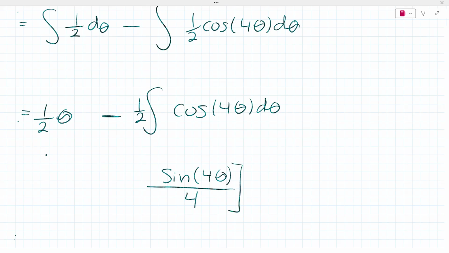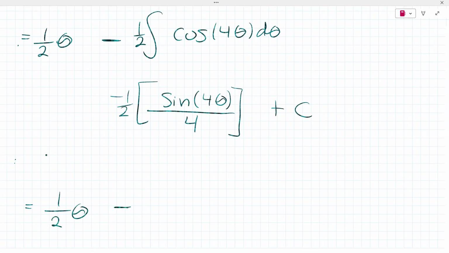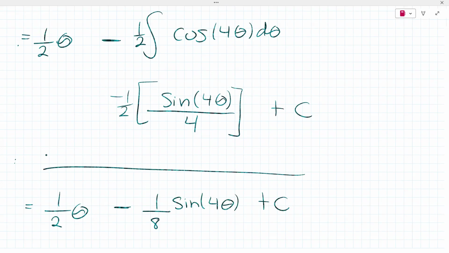And don't forget, we took out a negative 1/2, right? And then don't forget the plus C. So our final answer is 1/2 theta minus, what's negative 1/2 times 4? That's negative 1/8 times sine 4 theta, plus C.